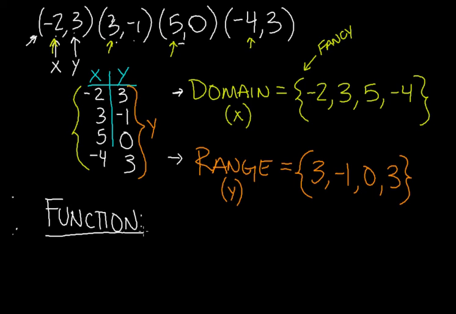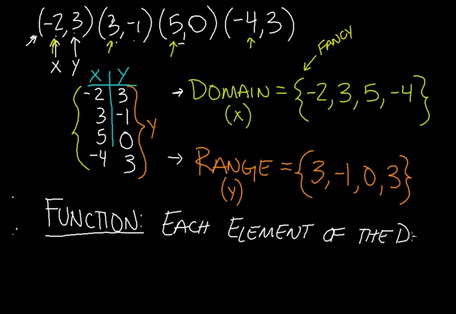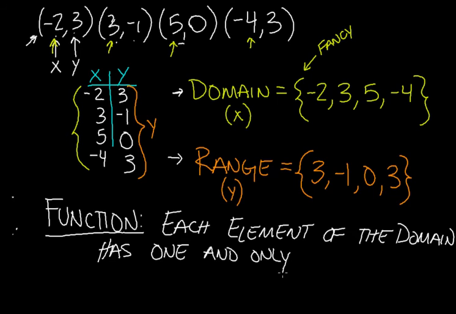So what a function is, it says that each element of the domain, so that's like every x, so each element of the domain has one and only one element in the range.